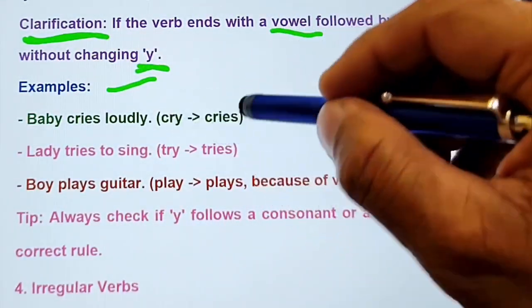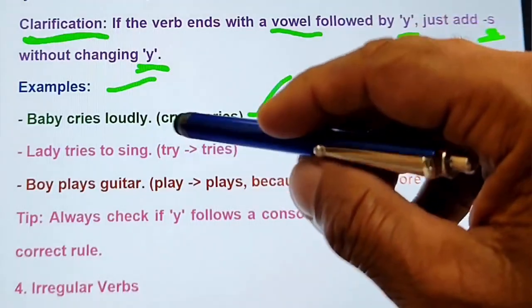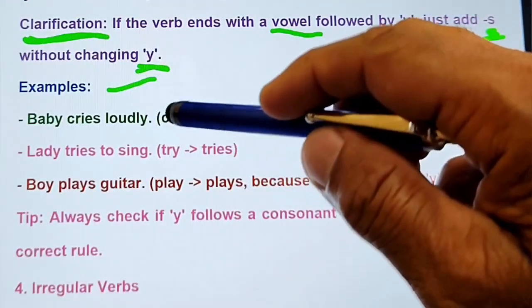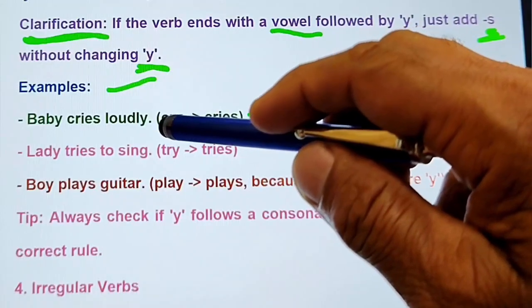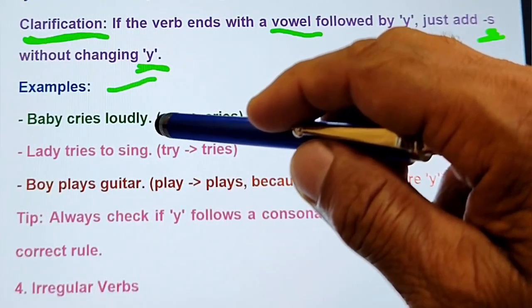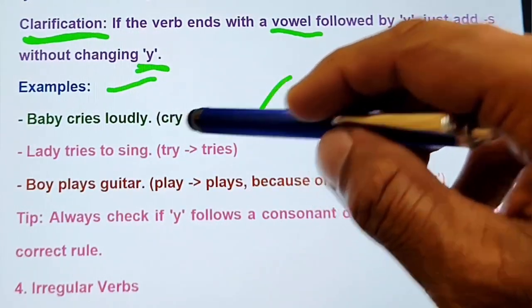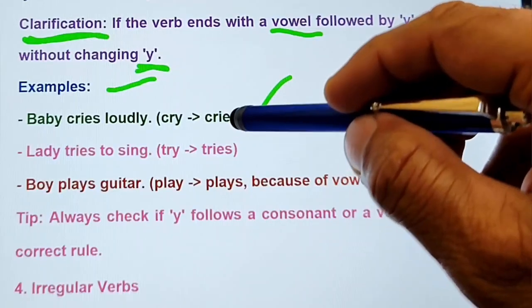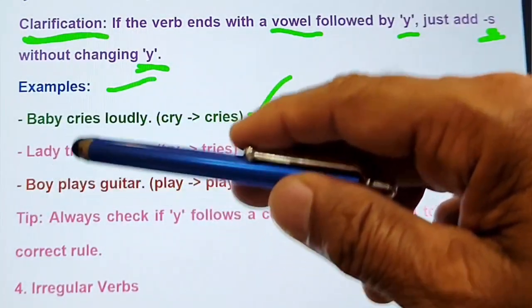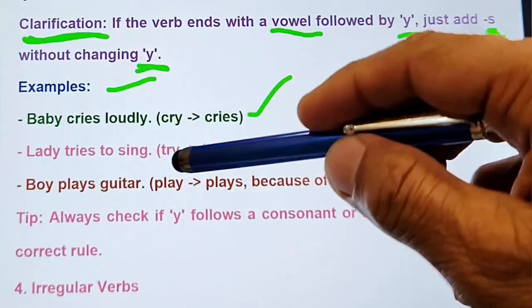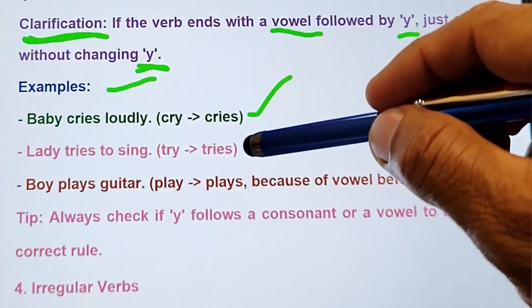Here "cry" changes to "cries" because the word ends with y and before y is a consonant, r, and we change y to i and add es here. Next example here: lady tries to sing. We change "try" to "tries."